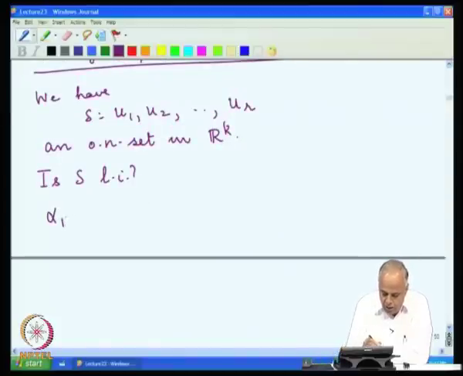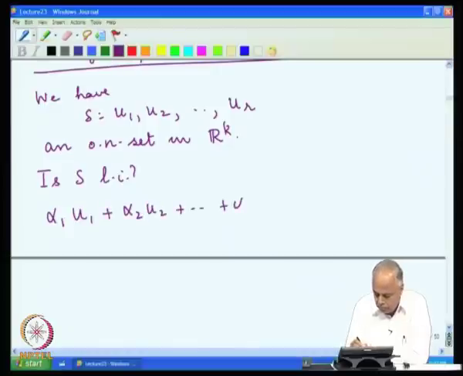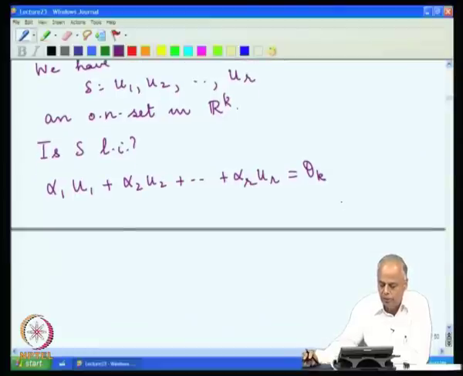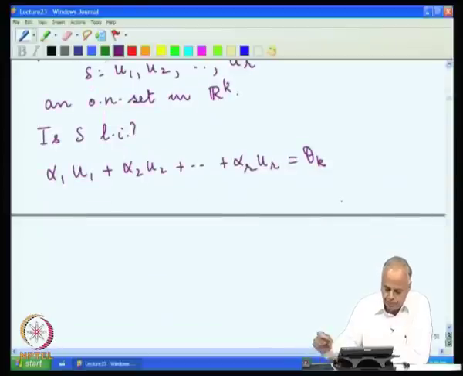So, we start with a linear combination of these vectors, and suppose it is equal to the 0 vector. We want to investigate whether that will force all the coefficients to 0. If it does, then we are linearly independent, but if we have non-zero coefficients which give the 0 vector, then we have linear dependence.